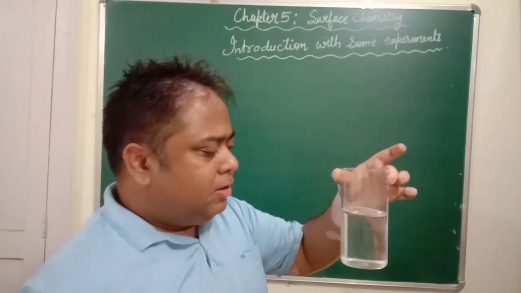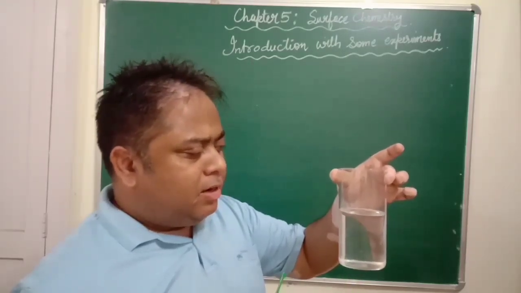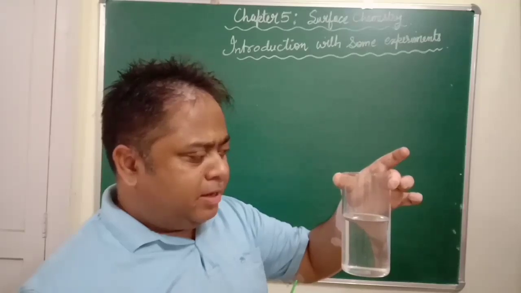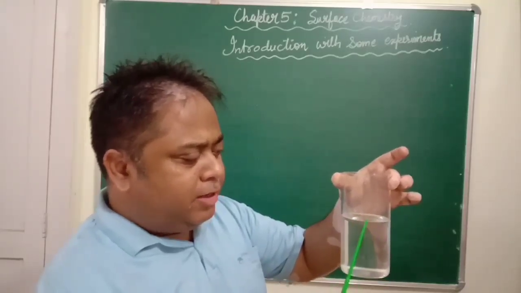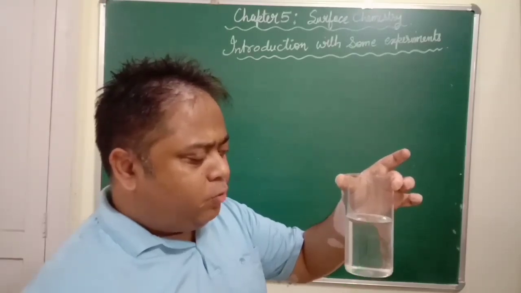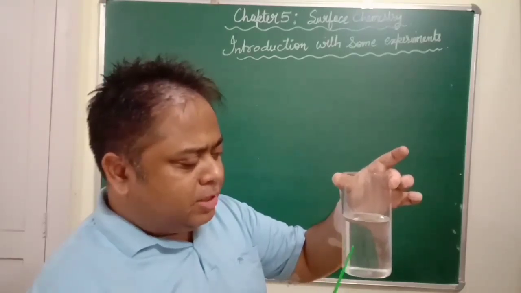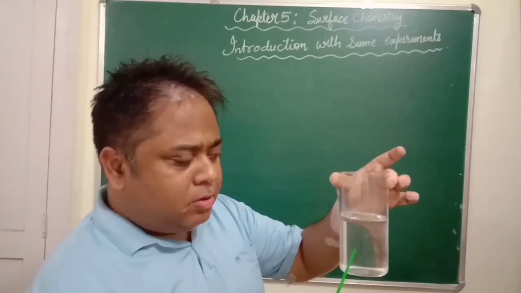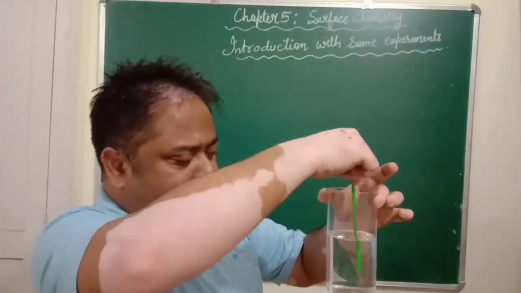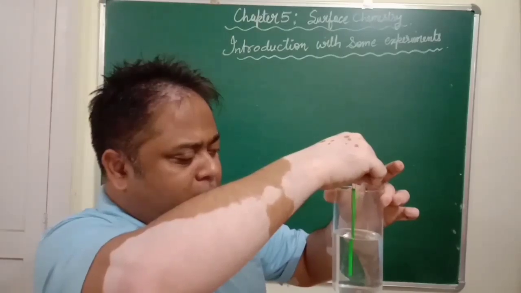This particular part is called as interface. Now, the physical forces experienced by the molecules at the interface is different than the physical forces experienced by the water molecule at the bulk. So the water here inside, that is bulk.